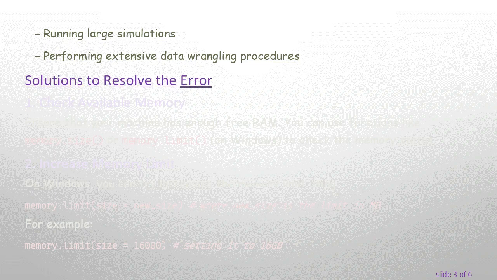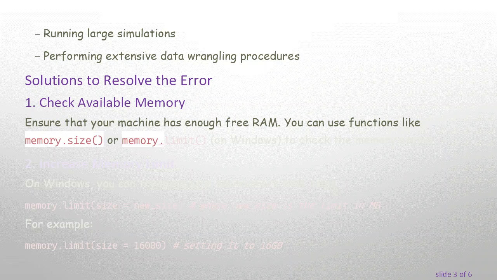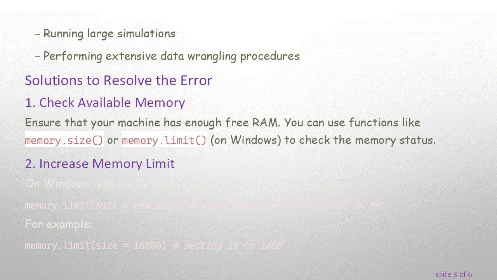Solutions to resolve the error. 1. Check available memory. Ensure that your machine has enough free RAM. You can use functions like memory.size or memory.limit on Windows to check the memory status. 2. Increase memory limit.